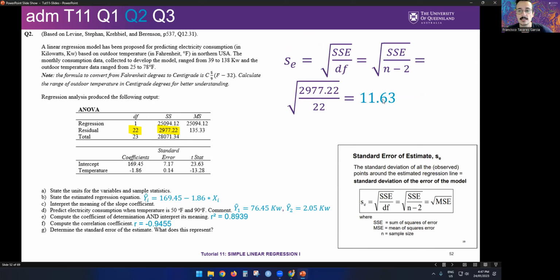So you divide, take the square root, and we get 11.63 for our standard error of estimate. So S little e is different from S little b1. Okay, that's important because that's very confusing sometimes. This is the standard deviation of all points around the estimated regression line.